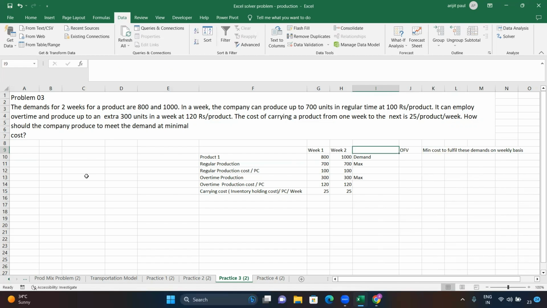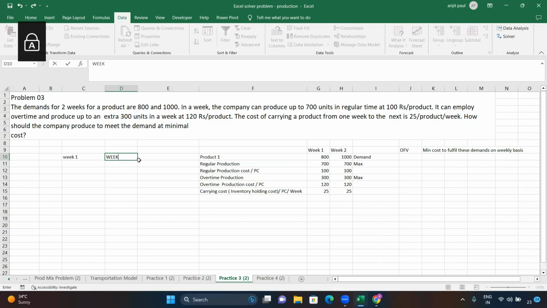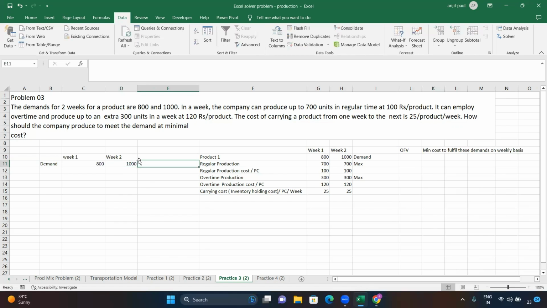Okay. So basically we can write it this way: week 1 and week 2. Demand for week 1 is 800 and for week 2 it is 1000 pieces.